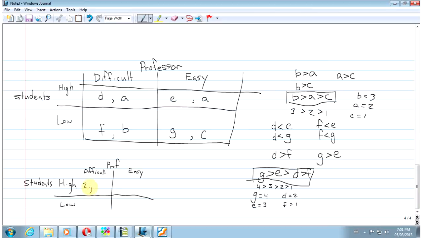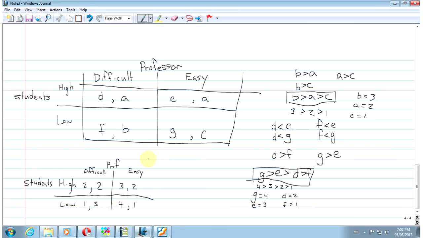I also said that A was equal to 2, so this cell is going to be 2, 2. I said that E was equal to 3, and A is still 2. I said that G was equal to 4, and C is 1, and F was equal to 1, and B was equal to 3.